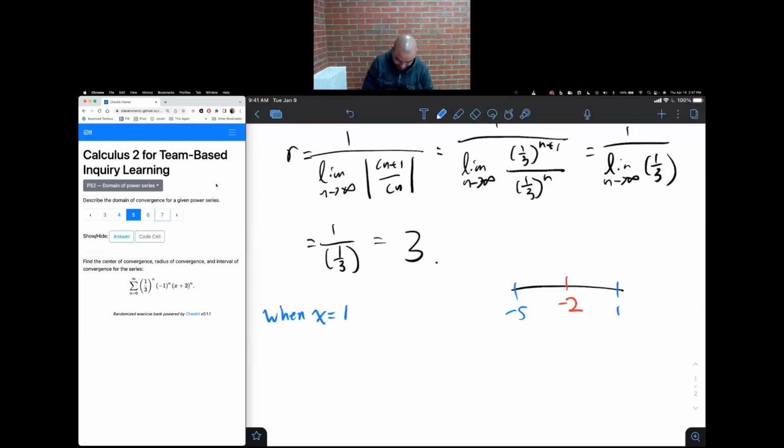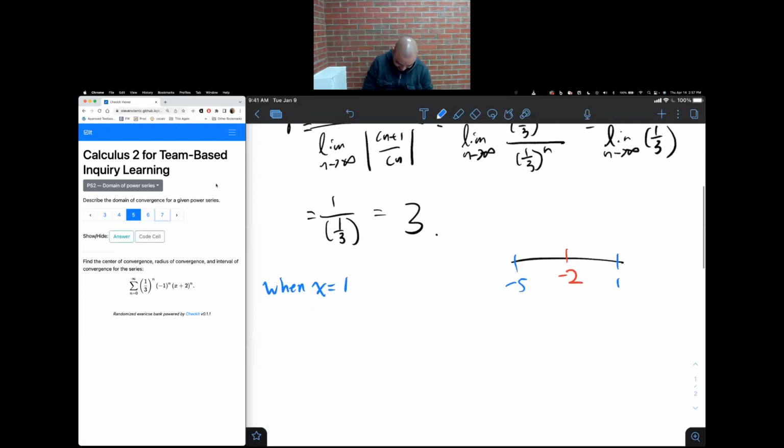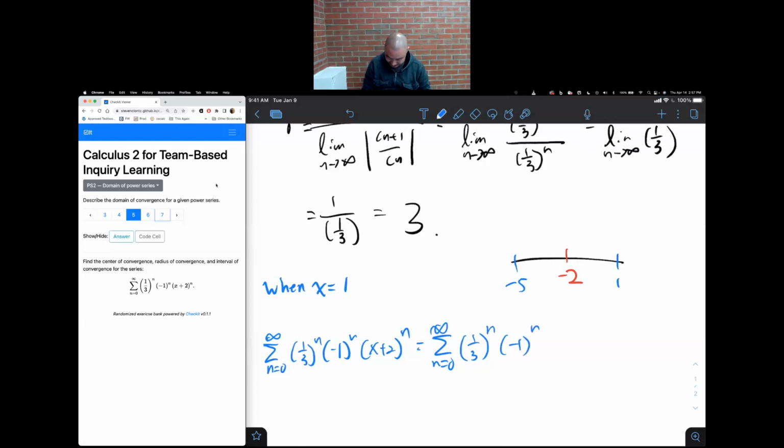When x is 1, the series, the sum from n equals 0 to infinity of (1/3)^n (-1)^n (x + 2)^n, becomes the sum of (1/3)^n (-1)^n 3^n.